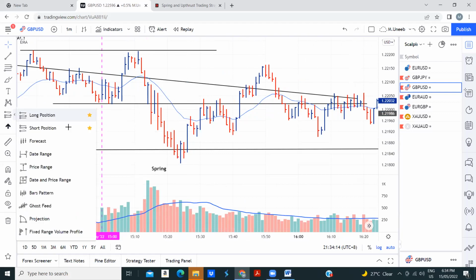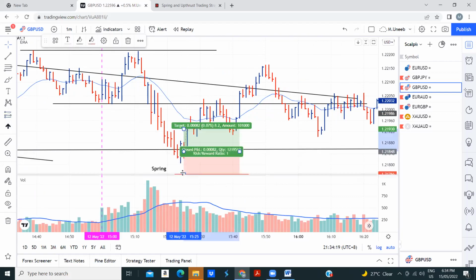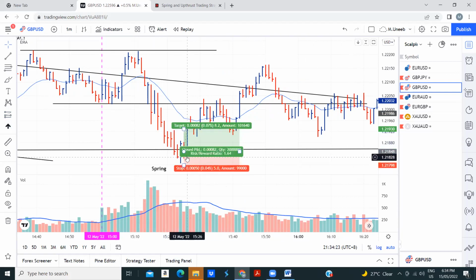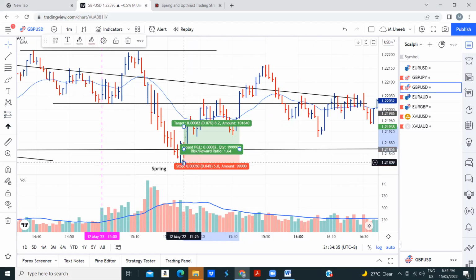Now we can easily refine it. You can see reverse, and this is no demand, am I right? No supply. After the spring, this is the spring, and then we tested the spring with a no supply. Can you see the volume and no supply? So we place an entry right over here on the 1-minute chart.